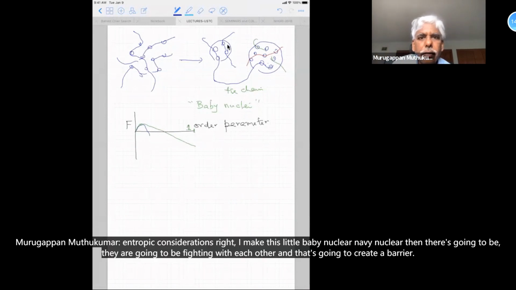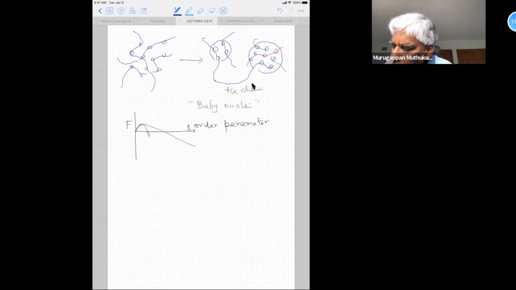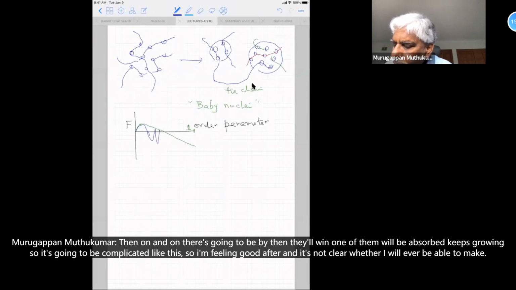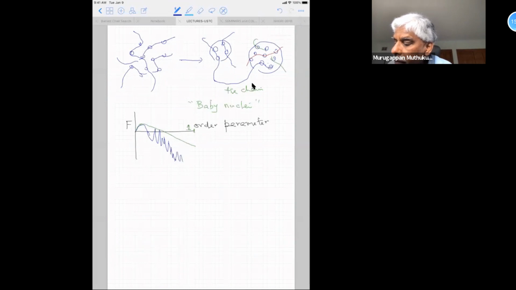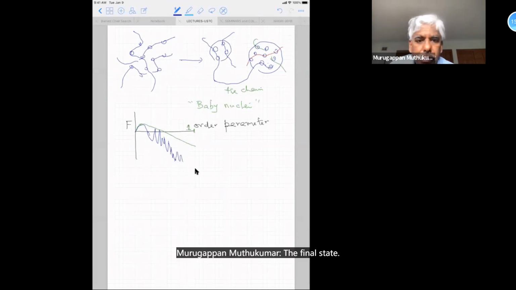I make this little baby nucleus, then they are going to be fighting with each other, and that's going to create a barrier. Then on and on, there's going to be barrier. Then one of them will win and the other will be absorbed, and it keeps growing. So it's going to be complicated like this, some free energy landscape. And it's not clear whether I will ever be able to make the final state.